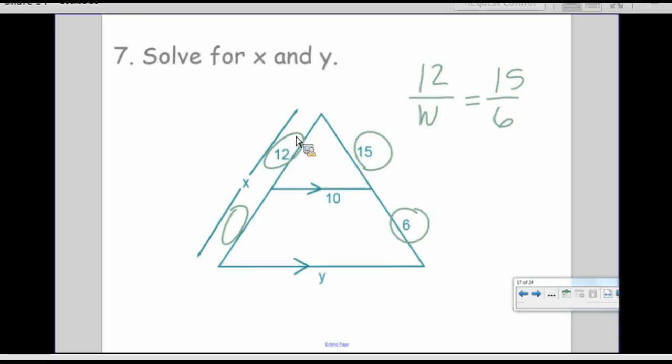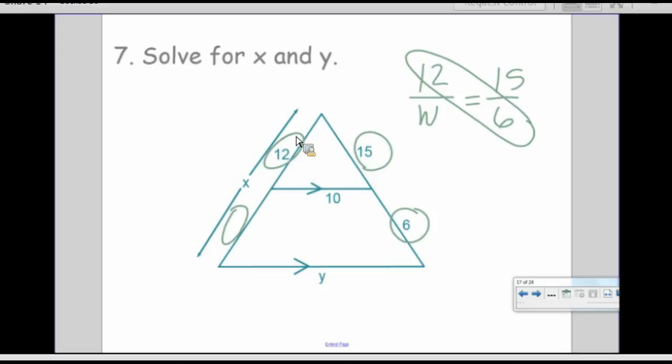Richard, what'd you get? So you do 12 times 6 divided by 15. Times 6. Enter.